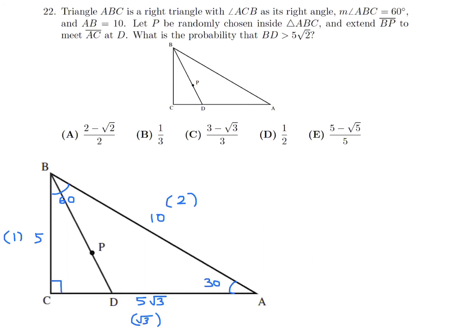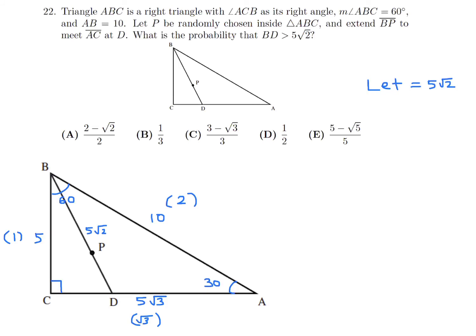And now they're talking about BD. They want you to figure out when BD is greater than 5 root 2. So first and foremost, we'll let BD equal 5 root 2. Now, this is BD, that line right there. If you drew BD like this, it obviously would be less than.